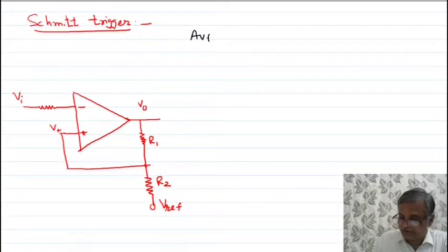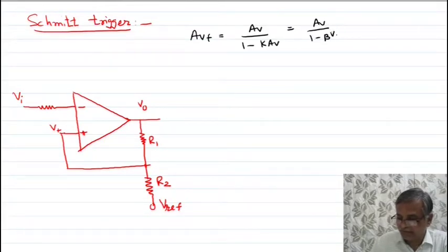The gain of the circuit with feedback is given by A upon 1 minus beta A, where in different books they use a different symbol. Beta is known as the feedback factor, and beta A is known as the loop gain.